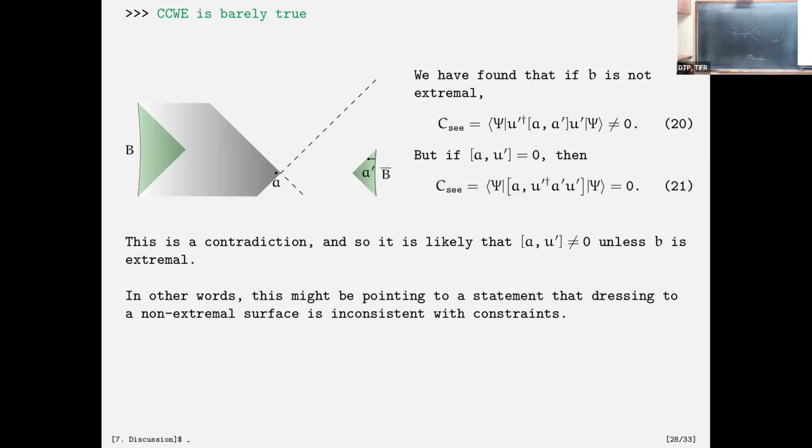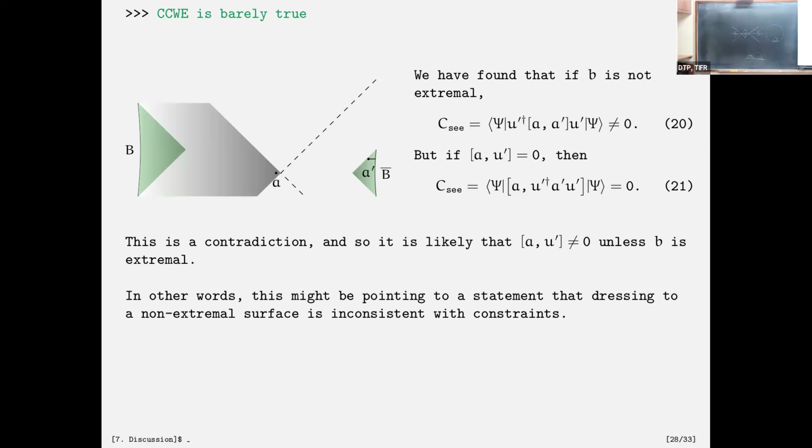You mean if you try to do something like that, and to begin with, the shock wave you were trying to boost away was not emanating from the extremal surface, then you wouldn't have been able to. You can forget about the Conco cycle. Just think about a nice unitary which acts like a boost on the matter field. And just think of an object like that. You say it's unlikely to be able to dress it entirely to the.